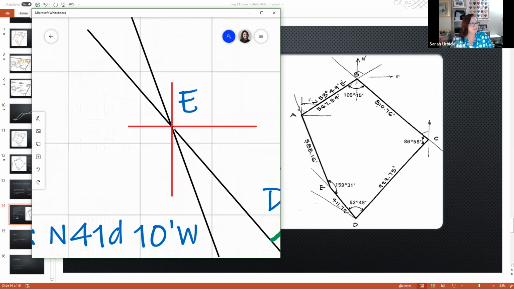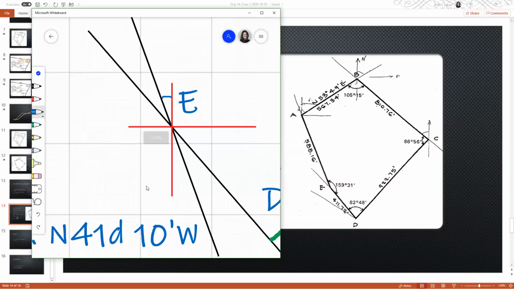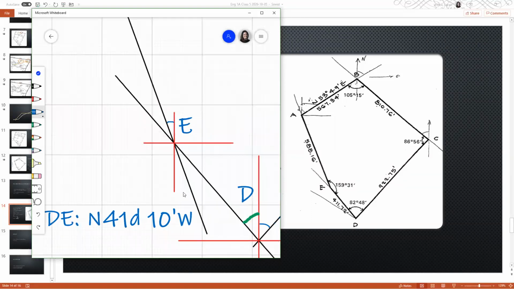From our north meridian back to the west to that first black line. That's the one we're going for there. That's the line we want to find.